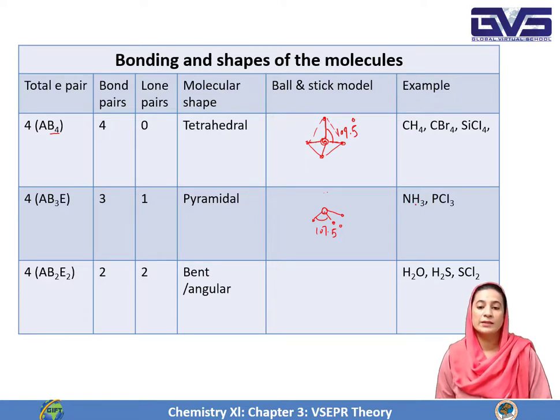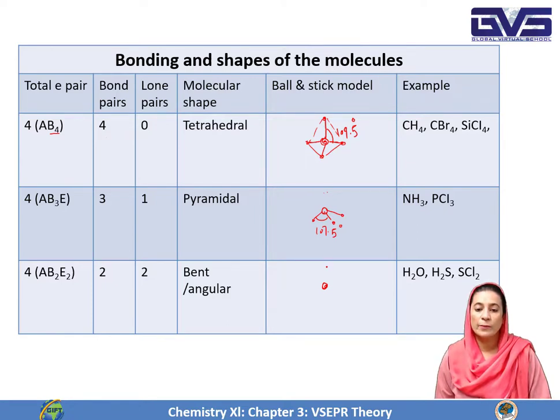For this we have the examples NH3, PCl3, NF3. And now we have another molecule with 4 electron pairs, and out of them 2 are lone pairs and 2 are bond pairs. We have the example of water. This is the central atom. Now consider this is replaced by a lone pair and this is replaced by a lone pair.